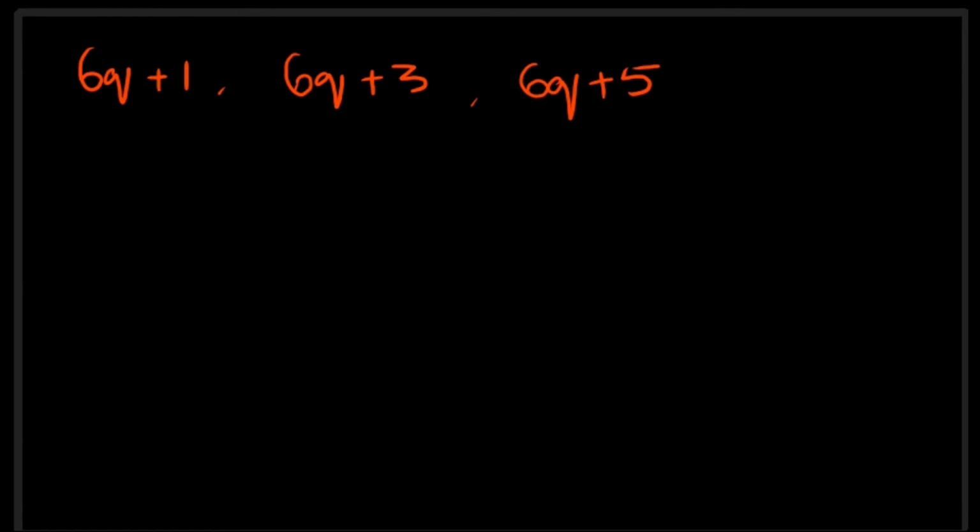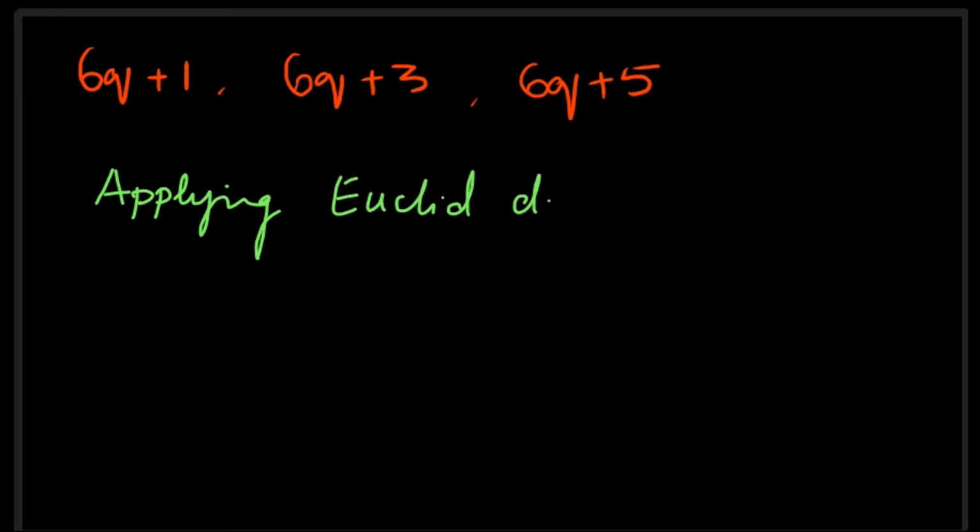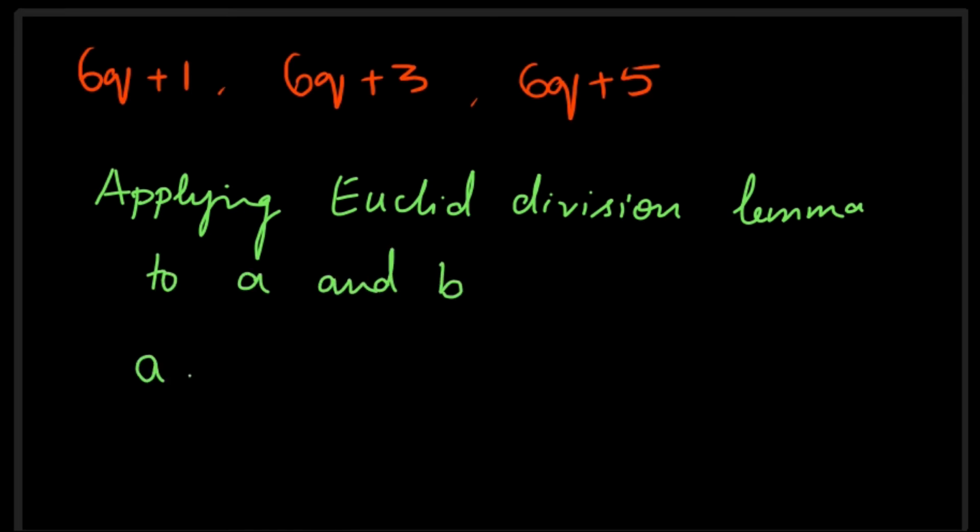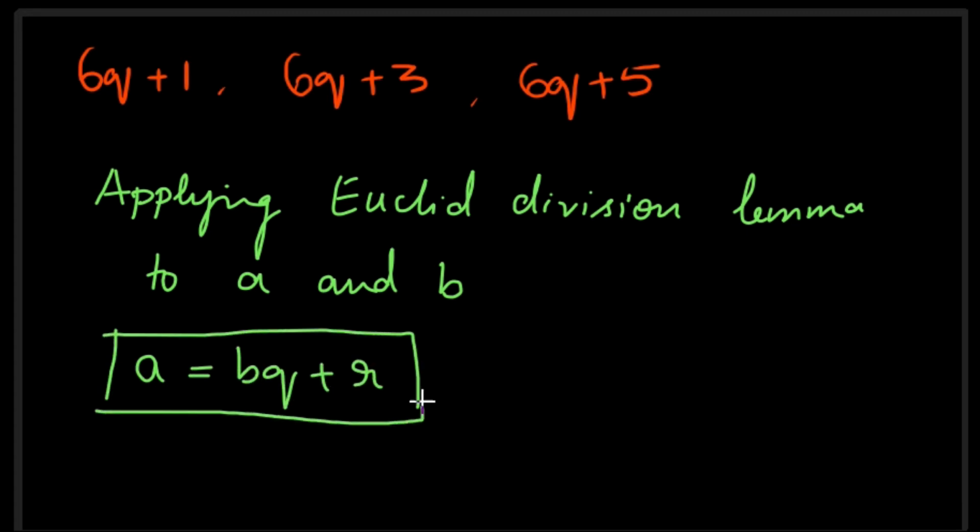Now first step, applying Euclid division lemma to A and B, we get A equals bq plus r, where A is greater than B and B is greater than R is greater or equal to 0.